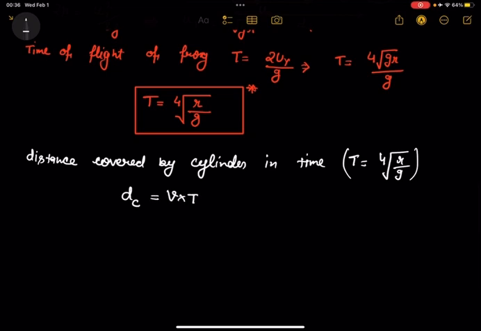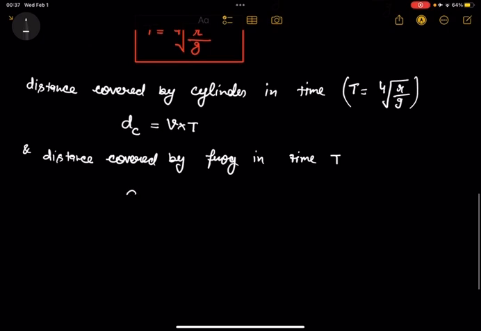Okay, and the same horizontal distance is covered by the frog in the same time, capital T. So df is equal to ux into capital T.